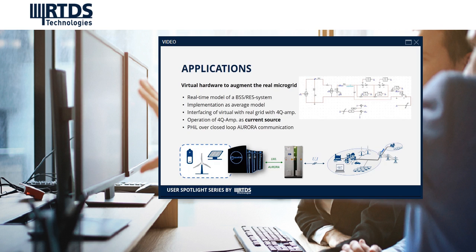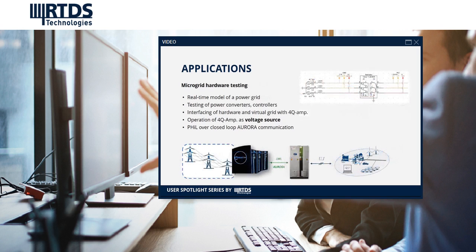The power hardware in the loop takes place over a closed-loop Aurora communication. Another application would be microgrid hardware testing. In this case, the grid is modeled and simulated in real time, and real equipment like power converters, storage systems, or renewable energy systems can be analyzed.